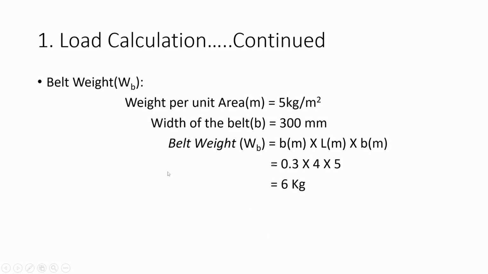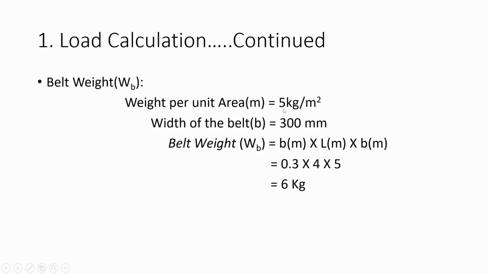Next is belt weight. Here I am using a weight per unit area of 5 kg per meter square. This is a typical value of any 2-3 ply belt. You can find it in any supplier database.